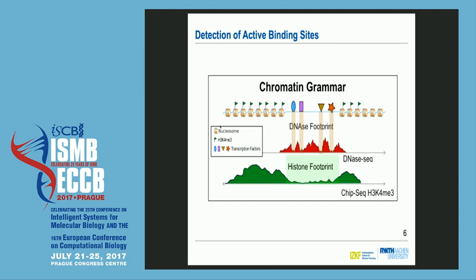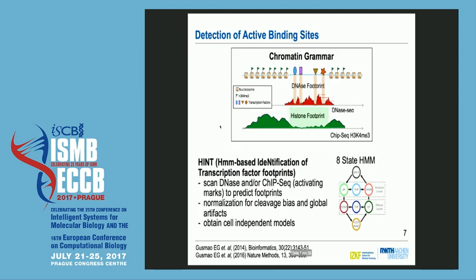In regions with a lot of transcription factor binding you should not have histones, but the histones associated with active regions should accumulate before and after, maybe at different levels, for example more here than here. You also have a kind of depletion, or another footprint. So you can think about segmentation models that look genome-wide and try to find this kind of pattern between DNase and histone footprints. This is what we have worked on in the past few years.